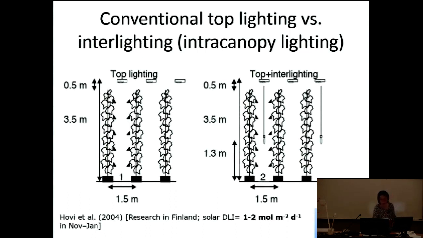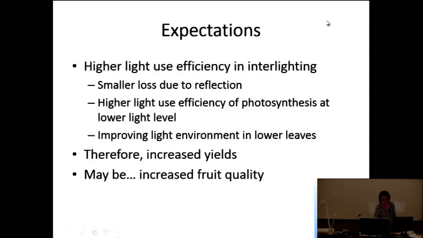Interlighting is basically illuminating the lower leaves, which don't have much natural light coming in. So the expectations: higher light use efficiency in interlighting, because the loss of photons by reflection is not much in the canopy, right?